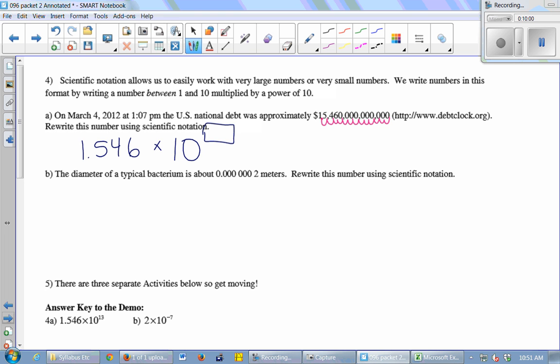So I have to multiply times 10, 13 times, right? And repeated multiplication is an exponent. So I do 10 to the 13th. Okay. So 1.546 times 10 to the 13th.